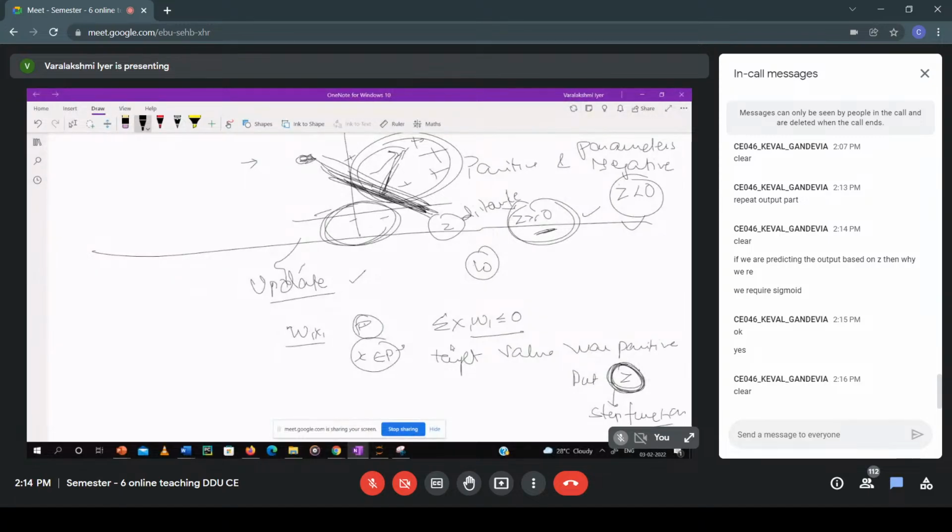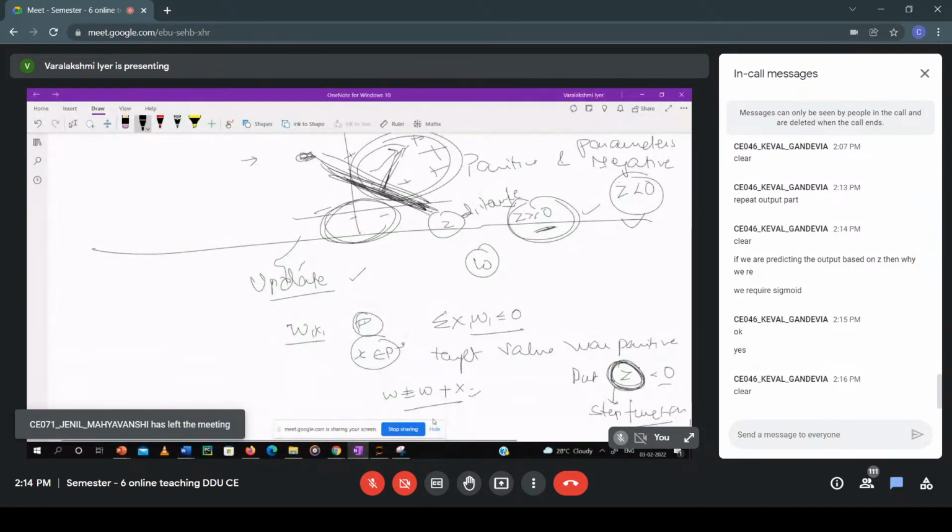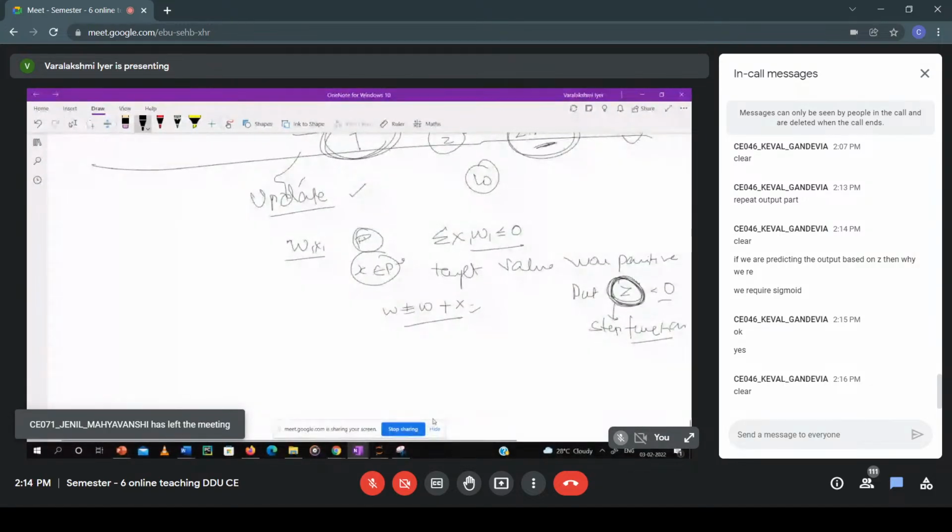If your z value is less than 0, then we'll update the weight as w equals w plus x. This is the normal form. We'll also see a generalized form of this.